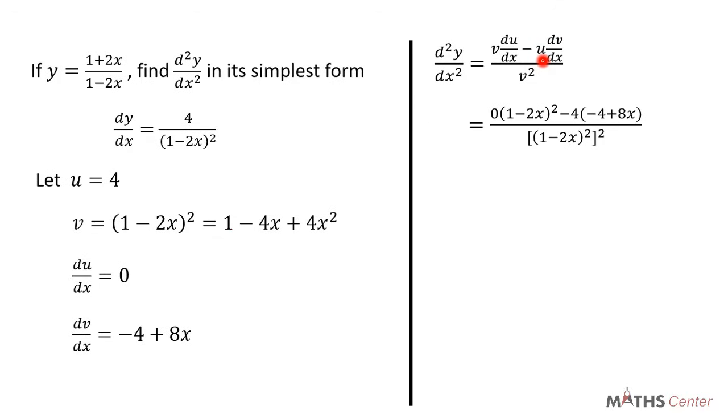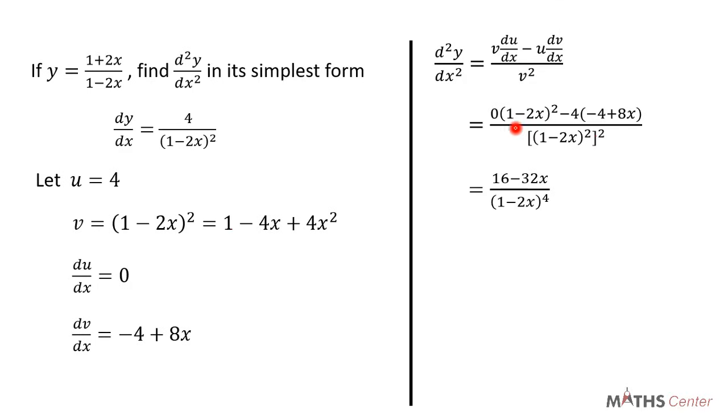And then u is 4. Dv dx is negative 4 plus 8x. So you have negative 4 into bracket negative 4 plus 8x, divided by v squared, so 1 minus 2x squared squared, because the denominator here is v squared.